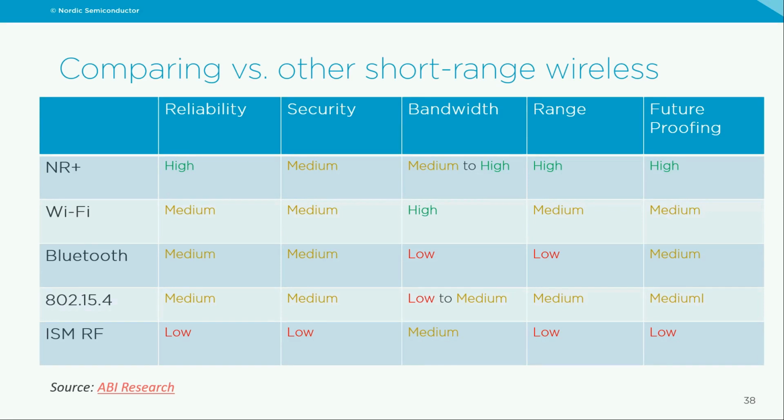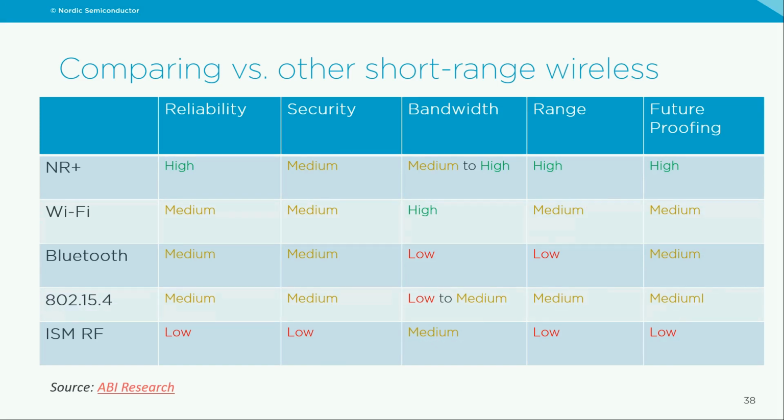Yeah, I also see a lot of questions comparing with other short-range wireless technologies. So we have a slide that we can show for this. This is basically a table that has been gathered from ABI Research, which has compared roughly to other short-range devices on the reliability, security, bandwidth, range, and the future proofing of these technologies.